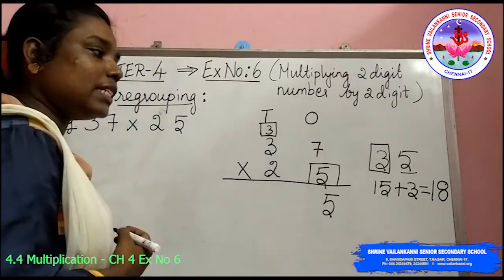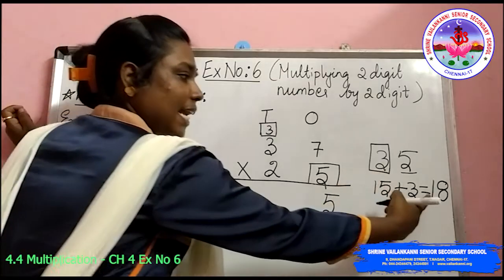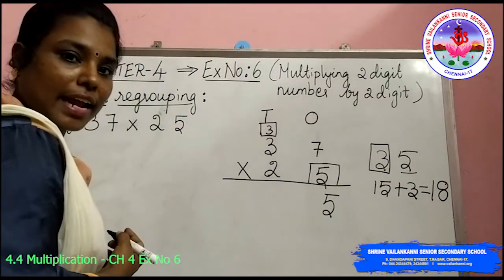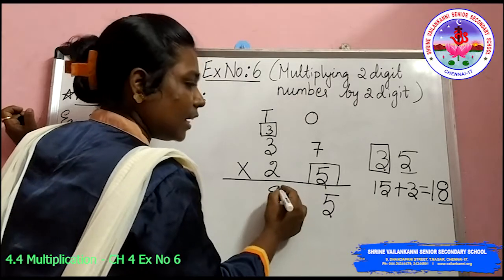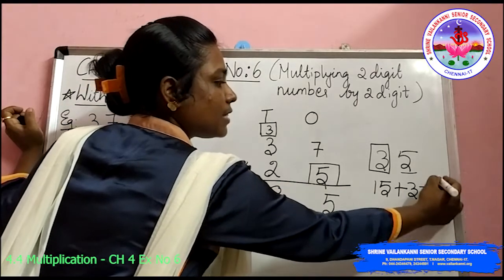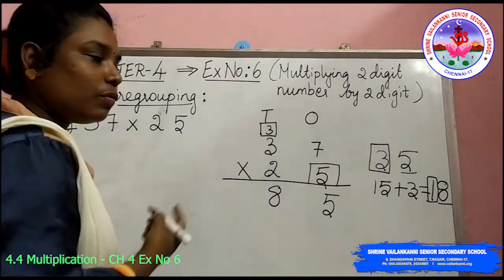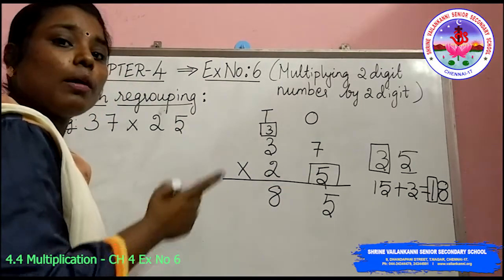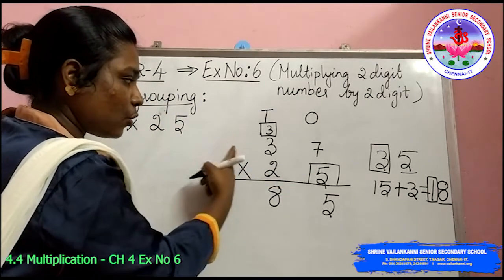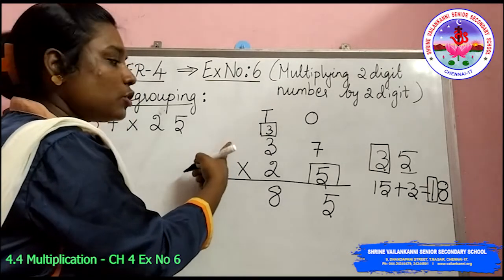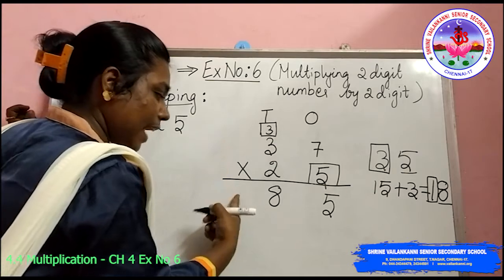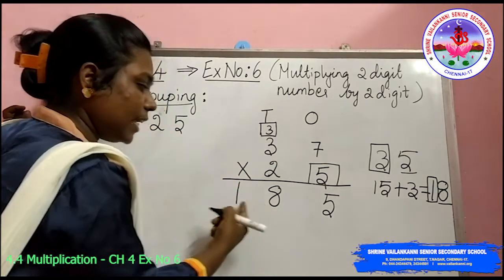So what to do with this 18? Even this 18 is a 2-digit number, right? So the ones place, 8, we have to write here. And this tens place, we have to carry forward, no? For that we have to check whether you have any number here. Do you have any number? No. So you can directly write that 1 next to the 8.